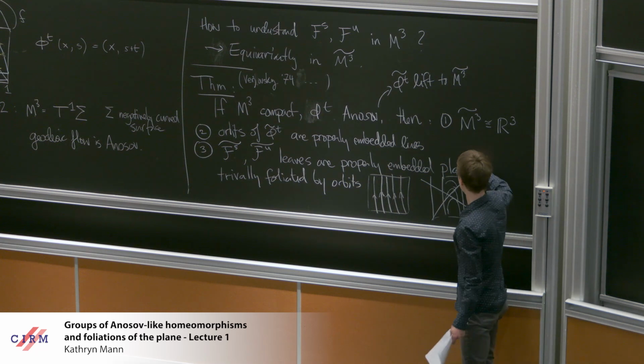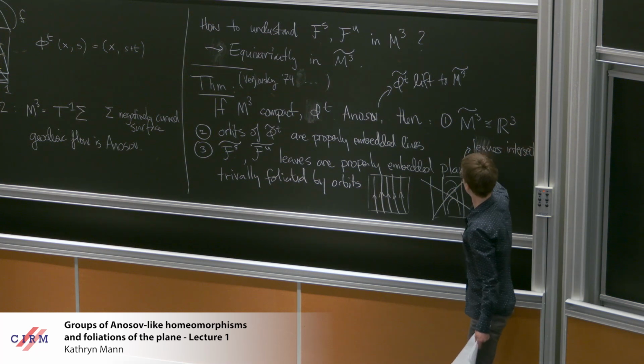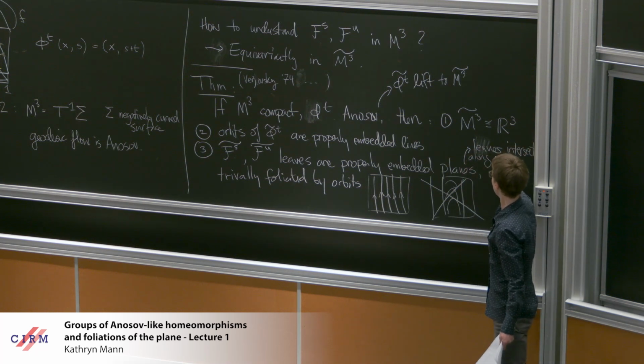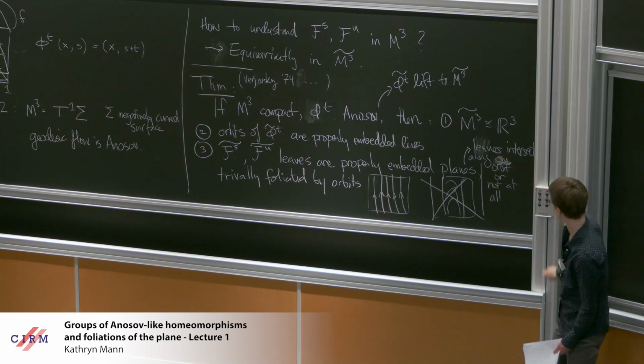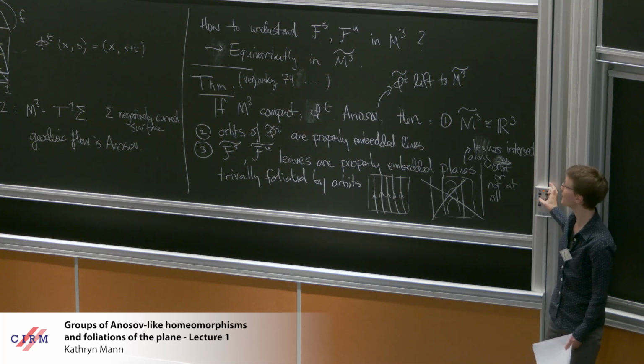So leaves intersect along one orbit or not at all. Sorry that this is squished at the corner of the board there.